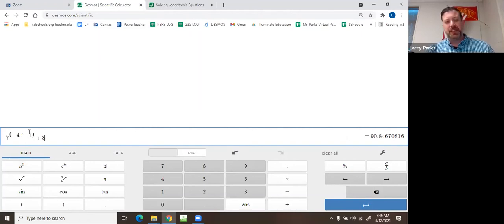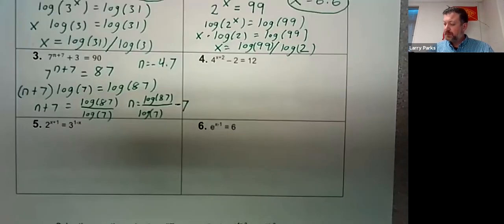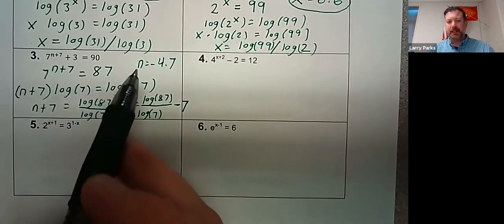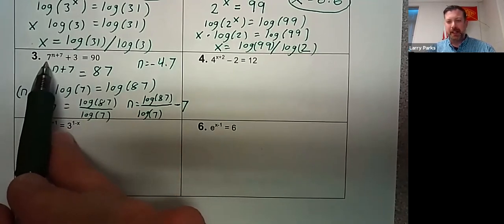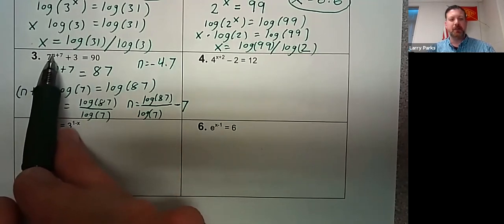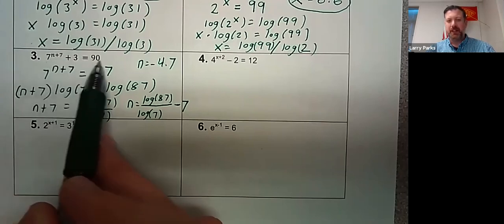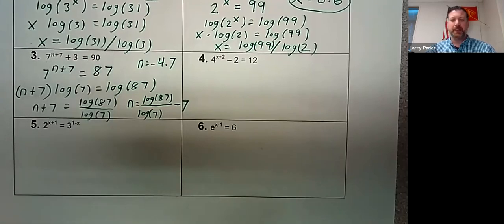So it's always a good idea just to plug your answer back in and make sure you get the same number. So what I did a second ago, negative 4.7, I plugged into my calculator 7 to the negative 4.7 plus 7 plus 3, and it was approximately 90.